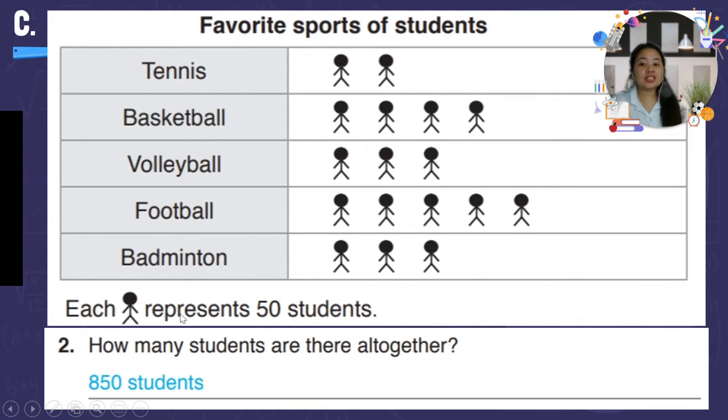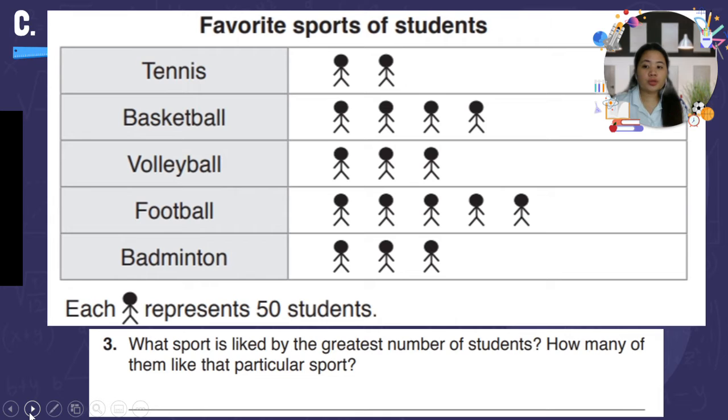Next, let's go to number 3. What sport is liked by the greatest number of students? How many of them like that particular sport? There are 2 questions. The first question first: which one has the greatest number of students?